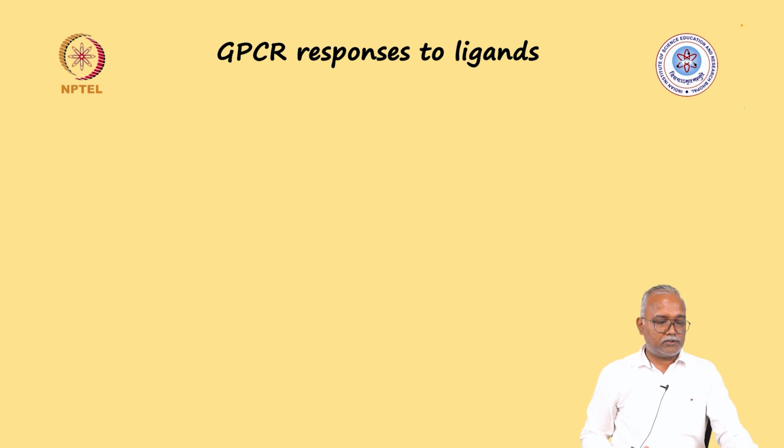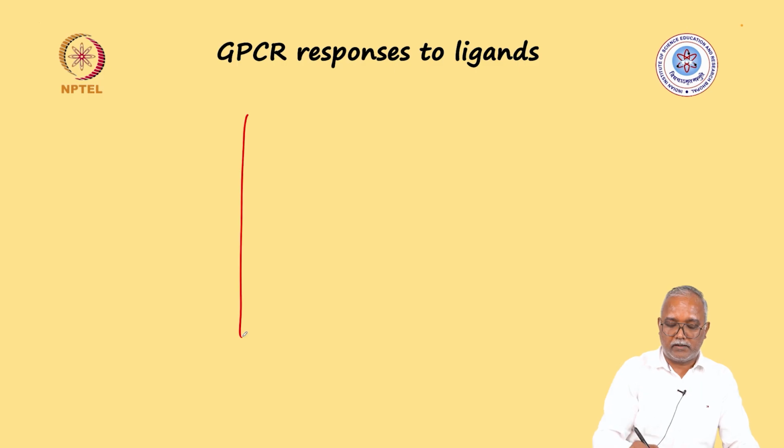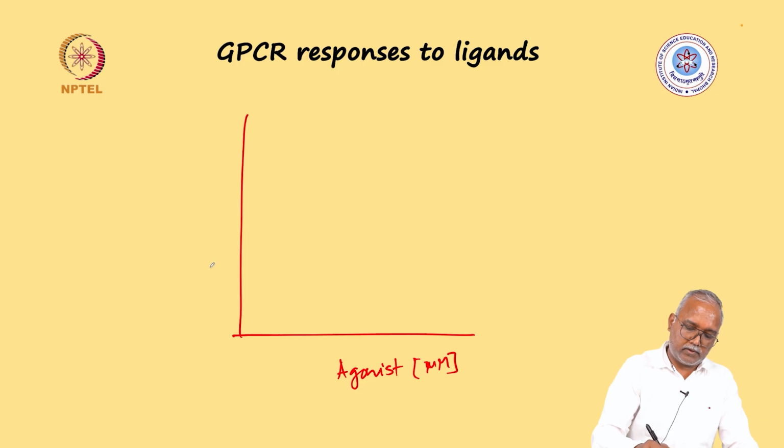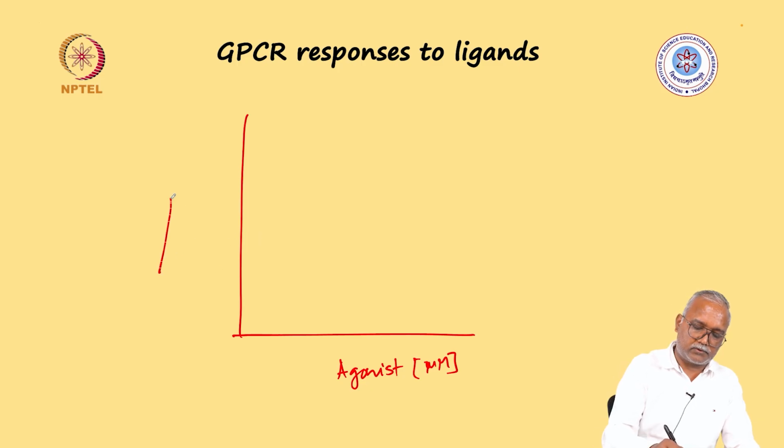Now if we talk about the GPCR and the different agonists and try to look for the signal, what are the responses they mount? If you consider this as the agonist concentration, suppose I say micromolar, and here we are checking the response.